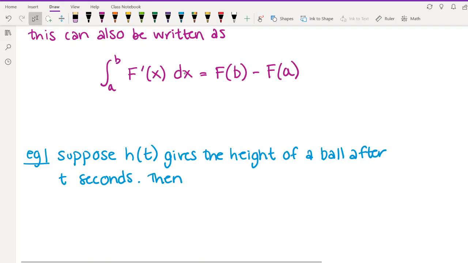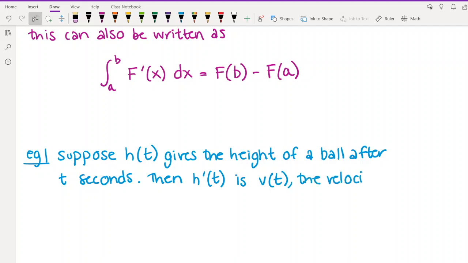Then what does that tell us? Well, if we take the derivative of h of t, we get h prime of t. That's the same as the velocity, right? So thinking back to Calc 1, you know that if you have a function that tells you the position of an object, so height would be one type of position function, then its derivative is a velocity function. So h prime of t is the same as v of t, the velocity function of the ball.